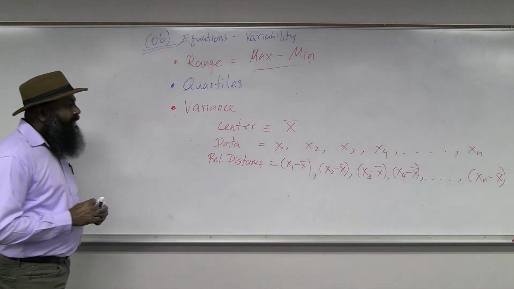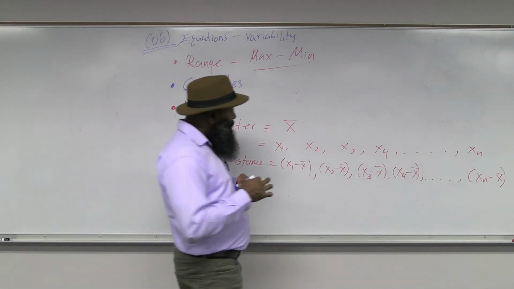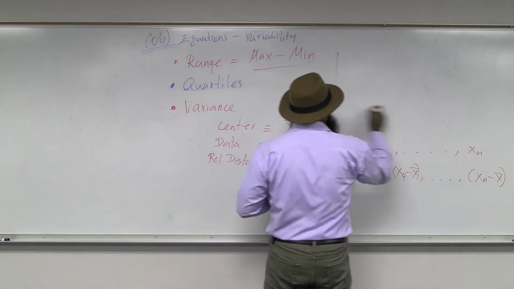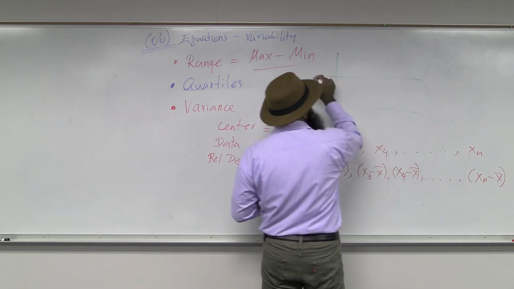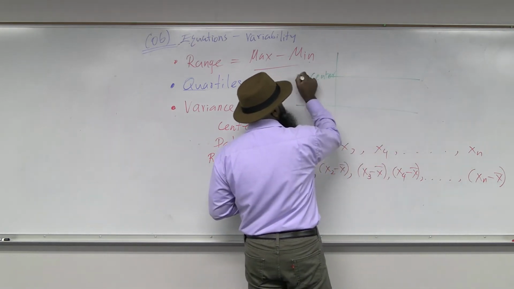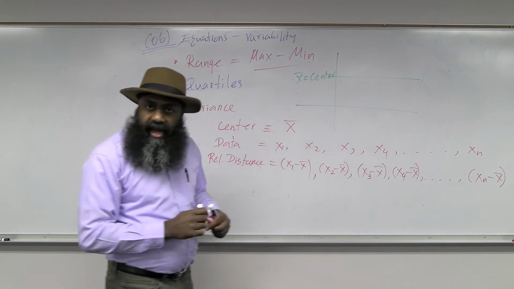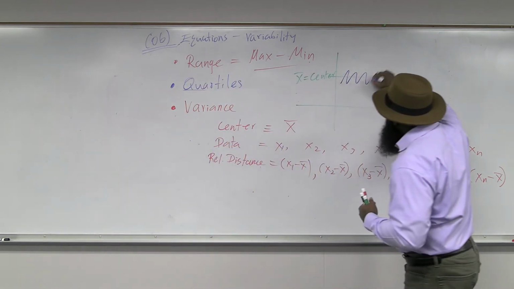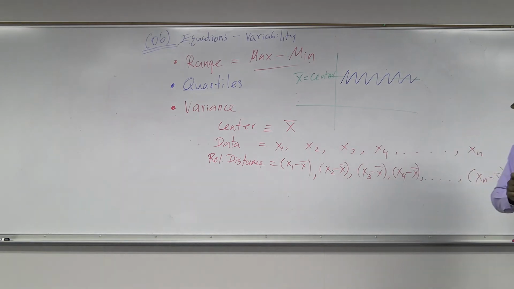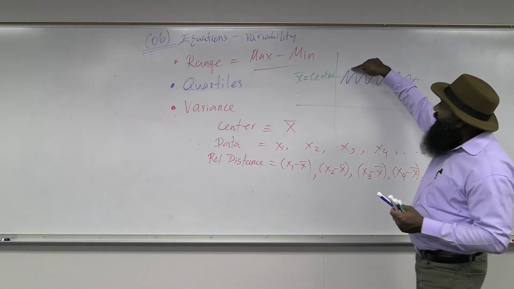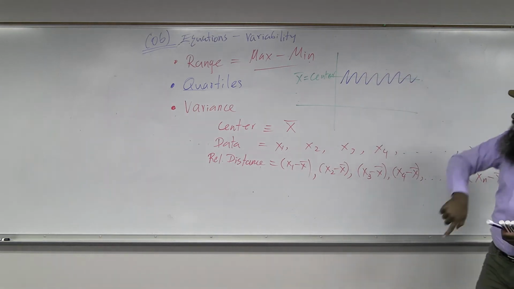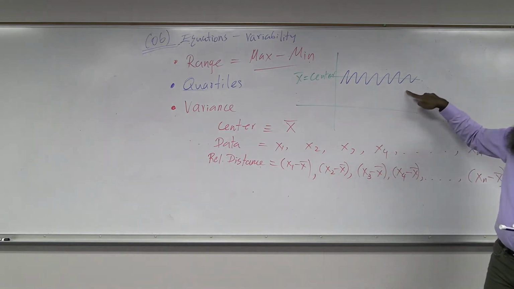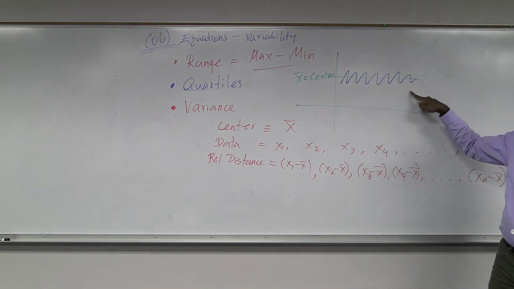Right? Now remember one thing. When we say measure of center, the center will be somewhere here. This is the center, which is x bar. The other data points will be around that center. When I say around that center, about half of the data points will be larger than the center, and about another half will be lesser than the center.